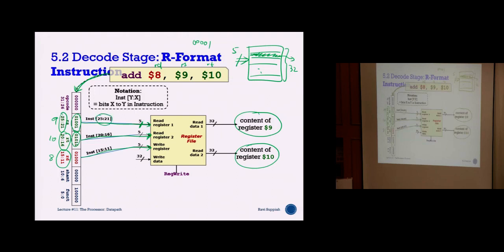I already know that this bit to this bit is representing RS, and this bit to this bit is RT. So I take these bits and transfer them to my register file, telling the register file these are the registers that I am going to read data from, so I get this content.